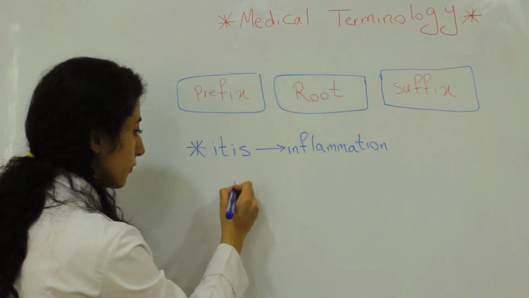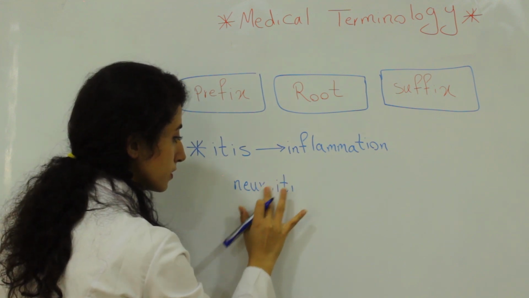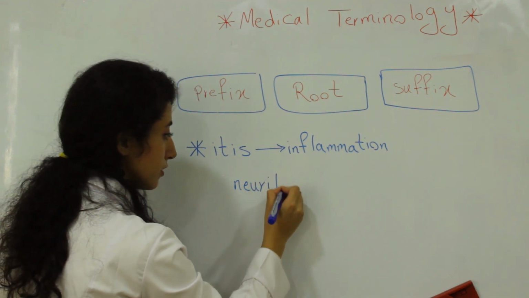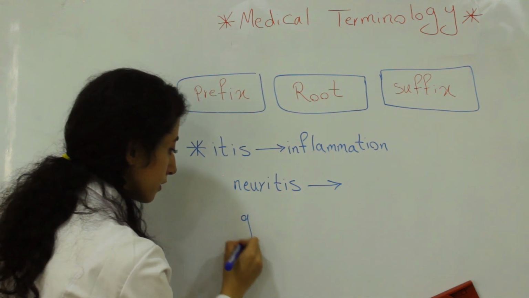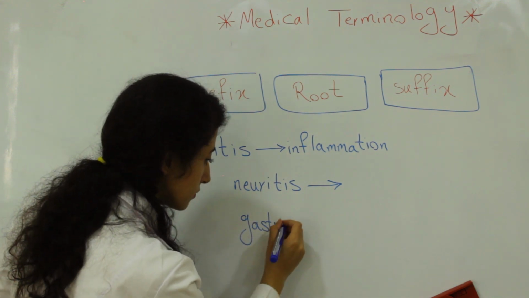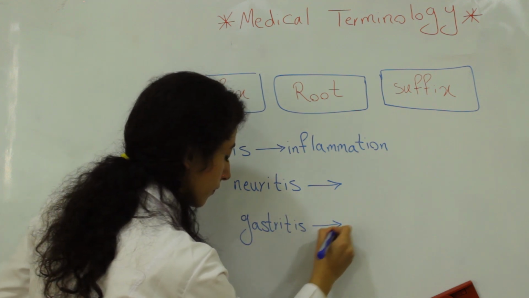For example, neuritis. We don't have O here. Neuritis, for example, gastritis, and etc.